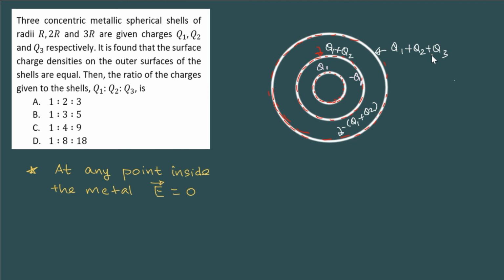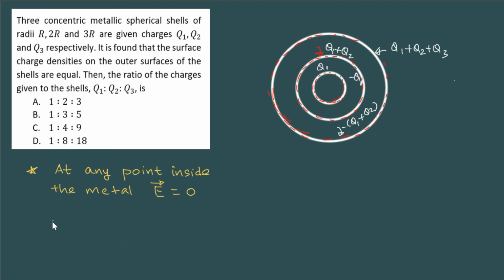We are only interested in the outer surfaces of the shells. For the innermost shell, the outer surface has Q1, the middle shell's outer surface has Q1 plus Q2, and the outer shell's outer surface has Q1 plus Q2 plus Q3. Now if we use these charges to calculate the charge densities, they are equal. That's what the problem is saying. So let's write that down.